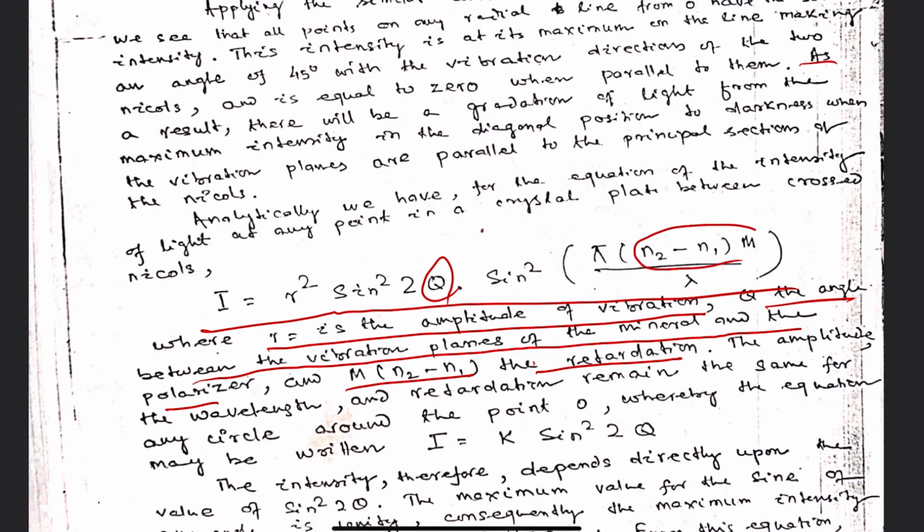The amplitude, wavelength and retardation remain the same for any circle around the point O.